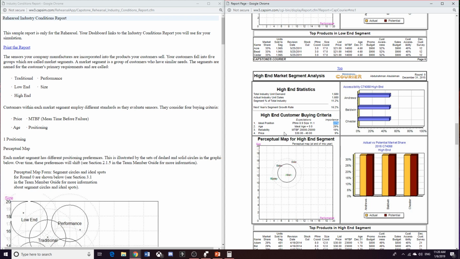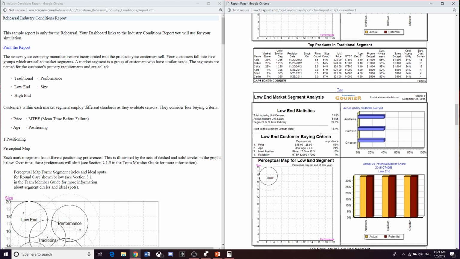Why? Because the importance of the price in here is only 9%. So if your product is priced at 39, and all products are around 35, it's not going to affect you a lot because it's only 9% importance. So it's not going to affect your sales a lot.